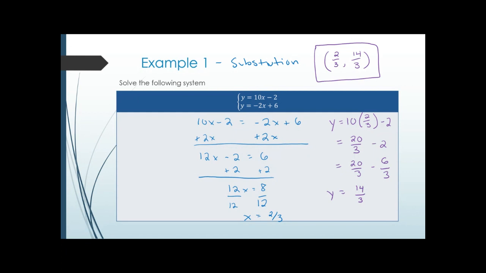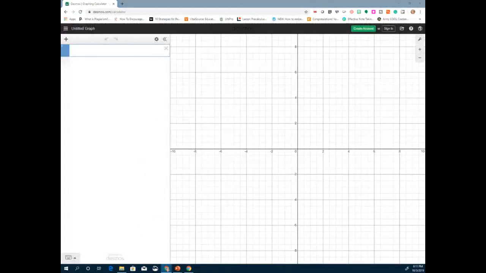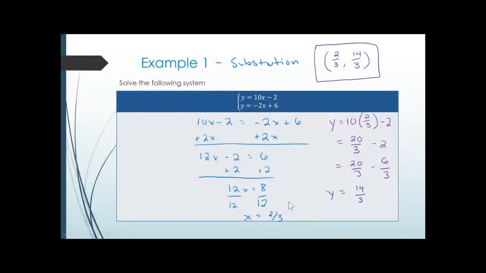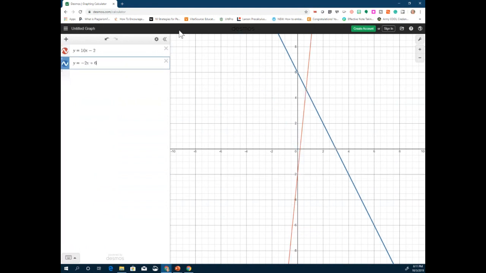So I'm going to bring up Desmos. Let's start graphing. I've got 10x minus 2 and negative 2x plus 6. So y equals 10x minus 2 and y equals negative 2x plus 6.